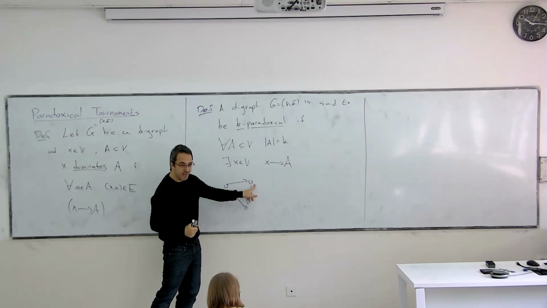Good. So let's play with it a little bit before we prove stuff. Let's try to construct two-paradoxical graphs, diagrams. Our goal would be to find the smallest one that we can, if it exists. Who knows?